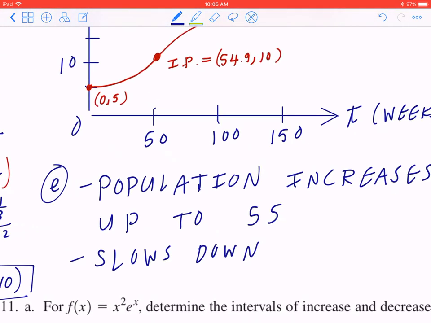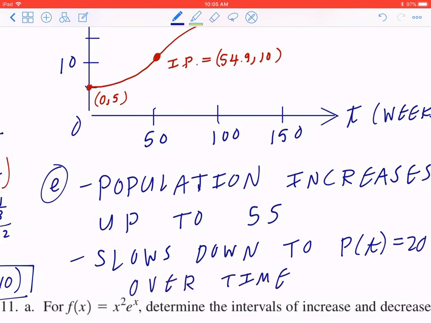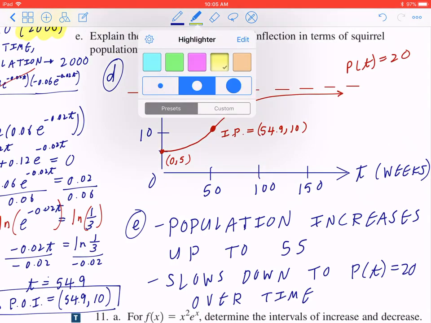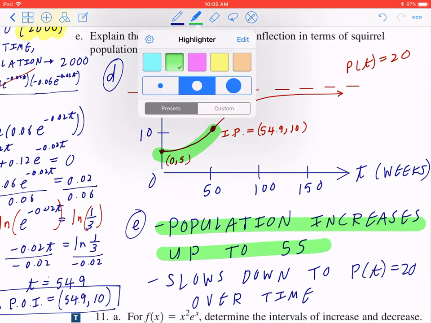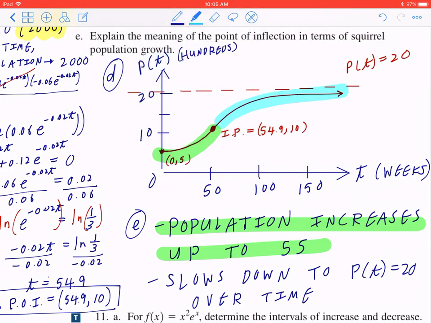So it slows down to a population of 20 over time. Again, if you look at the curve, first it's concave up, which is its first part, it's increasing. It continues to increase, however, it's now concave down, which means it's slowing down over time. And it eventually will approach P equal to 20.